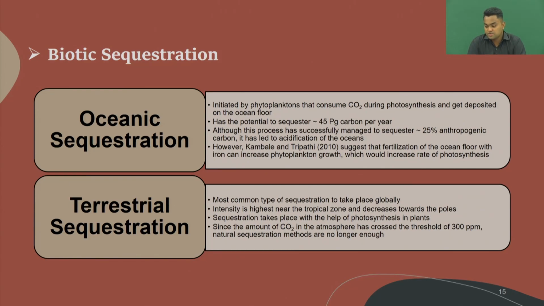Terrestrial sequestration is a method of sequestering carbon via terrestrial plants. As they use carbon dioxide for photosynthesis, this way they capture carbon dioxide and store it. However, since our carbon dioxide emissions have been skyrocketing, the need for abiotic sequestration means has risen manifold.